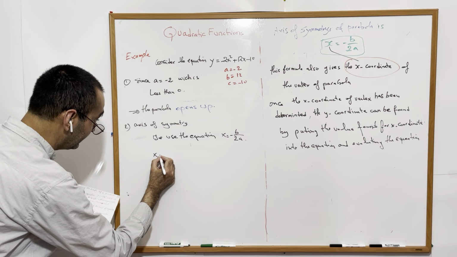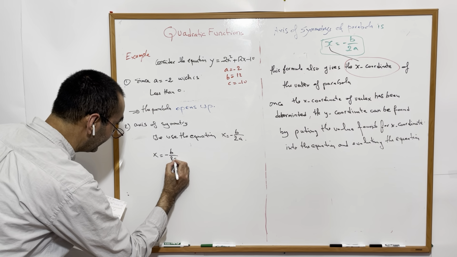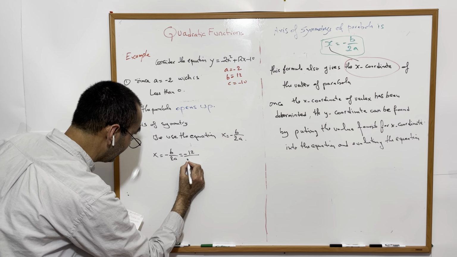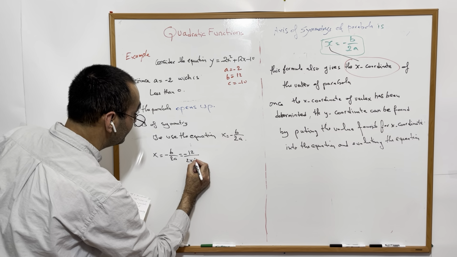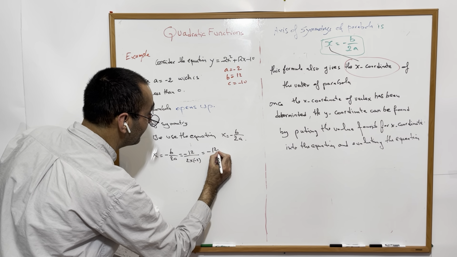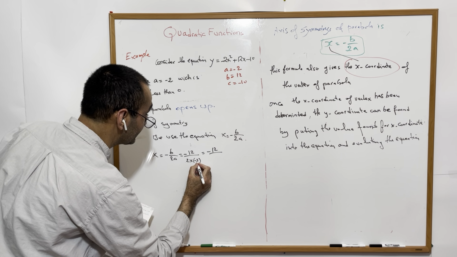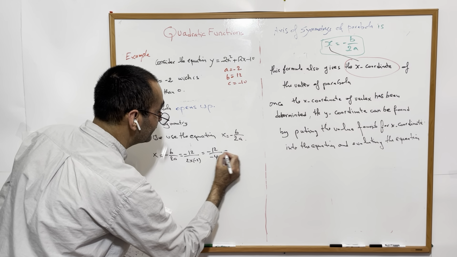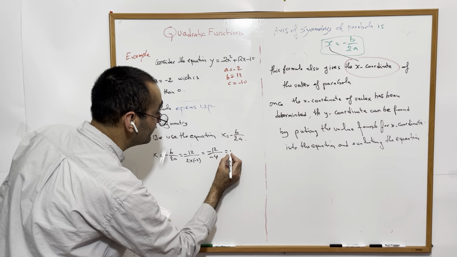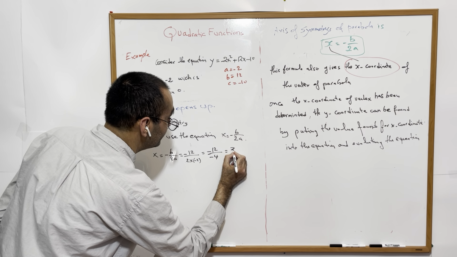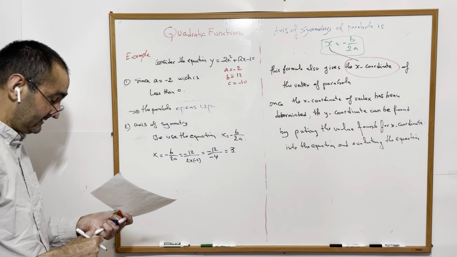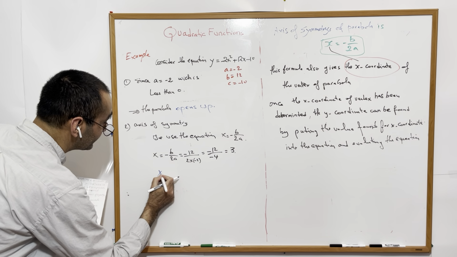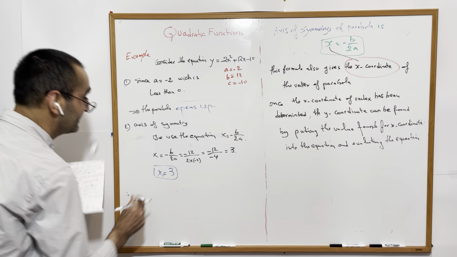What is b? Minus b is minus 12, over 2 multiplied by a, which is minus 2. So minus 12 over 2 multiplied by minus 2 is 4, minus 4. 12 over 4 is 3. The minus signs cancel, and it becomes plus 3. x equals 3. This is the axis of symmetry.